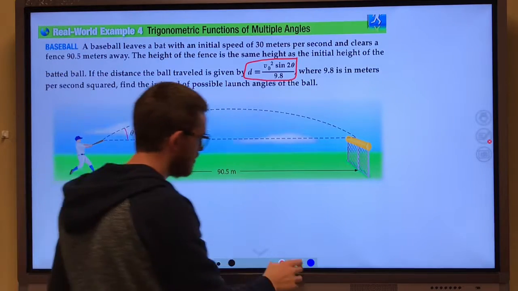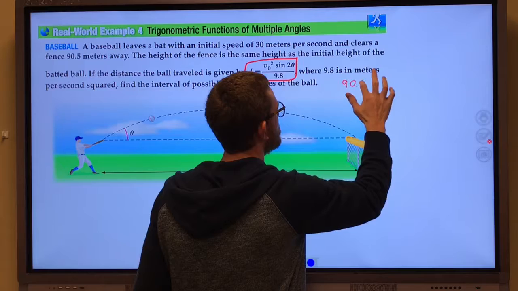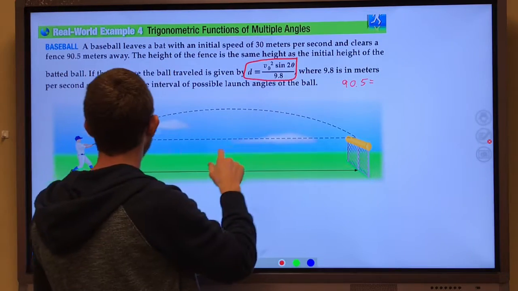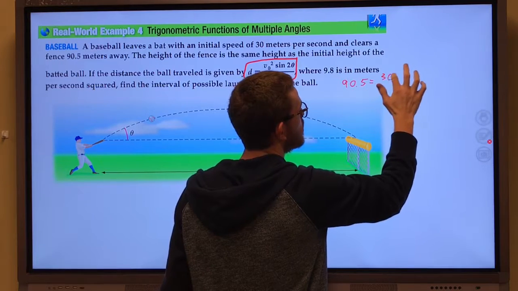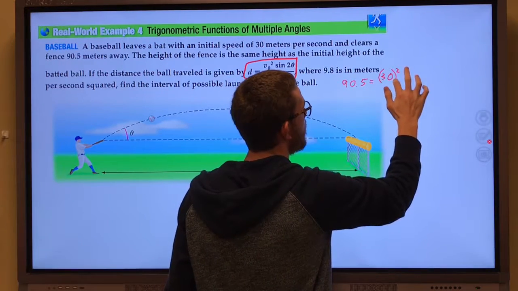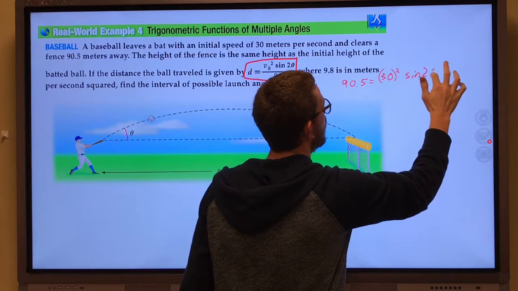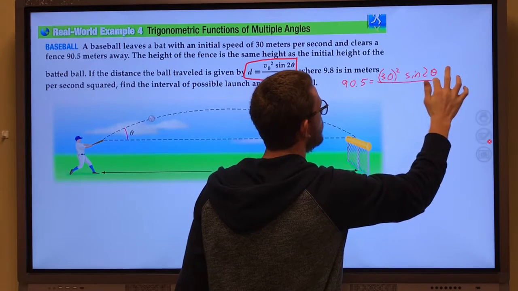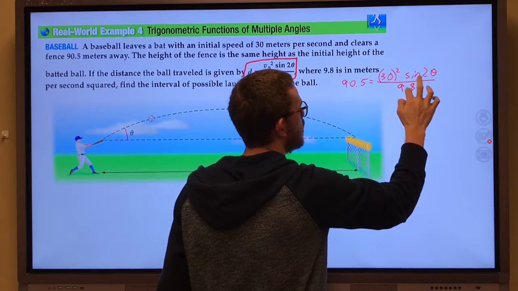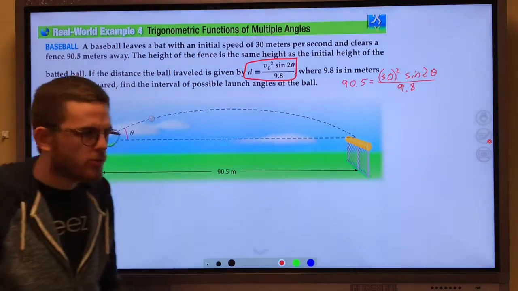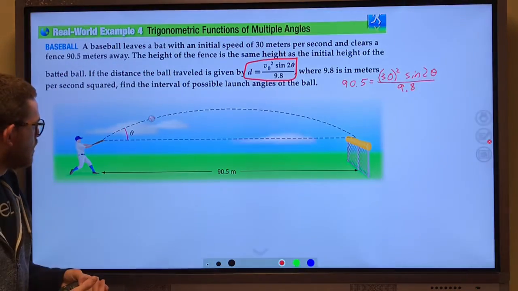All right, so we want to plug everything in here. 90.5 meters, of course, is our distance. This equals our initial velocity, 30 meters per second, times sine of 2 times our angle over 9.8. Now, before we get into this problem, I just want us to realize we're dealing with real life here.